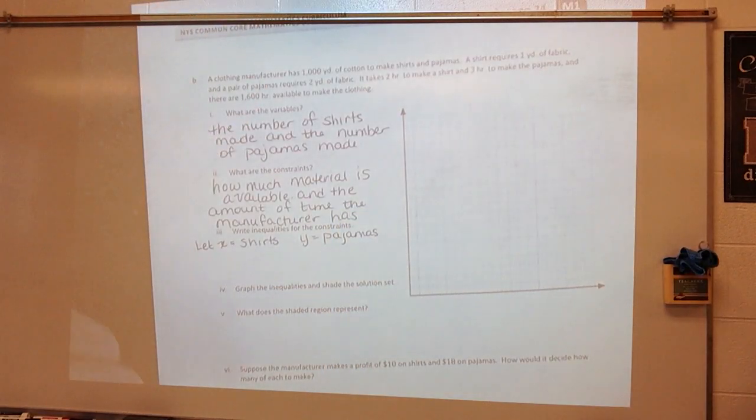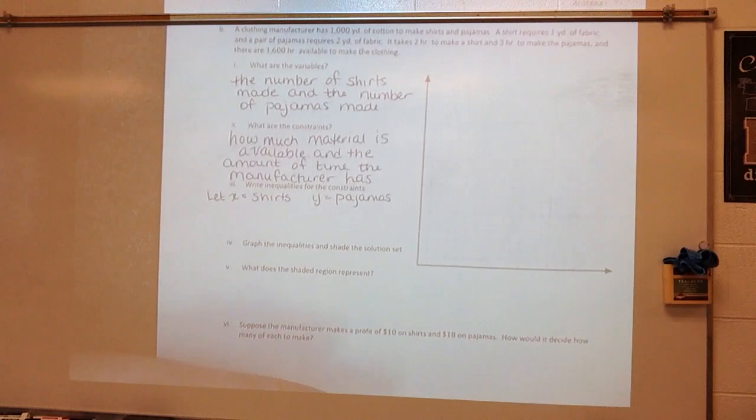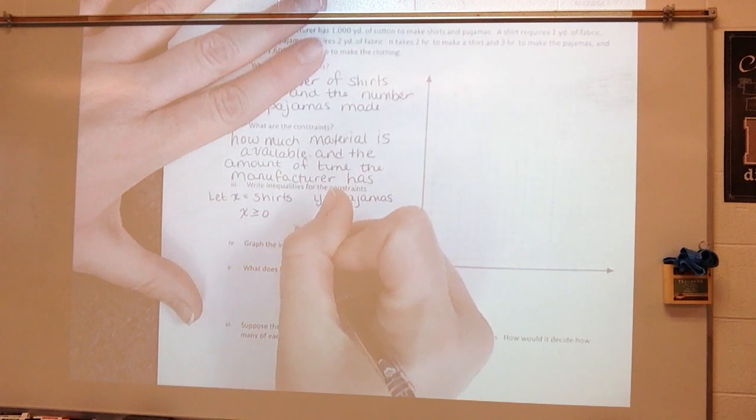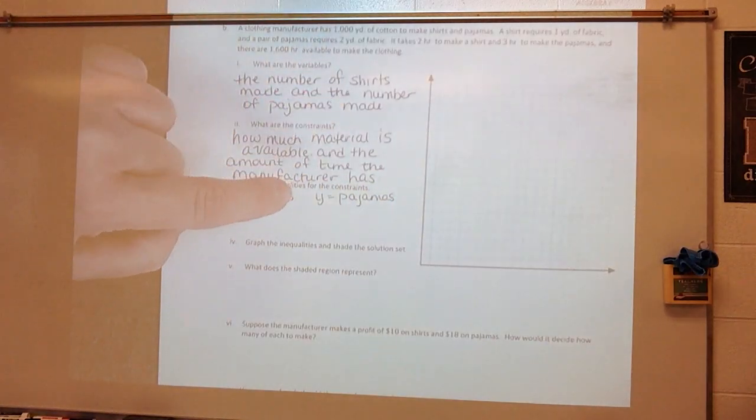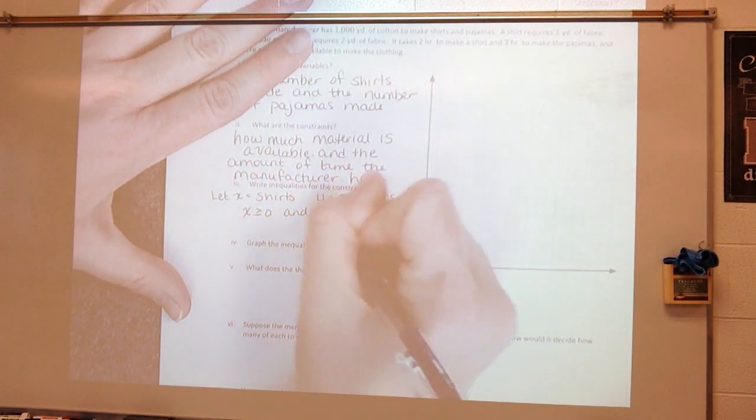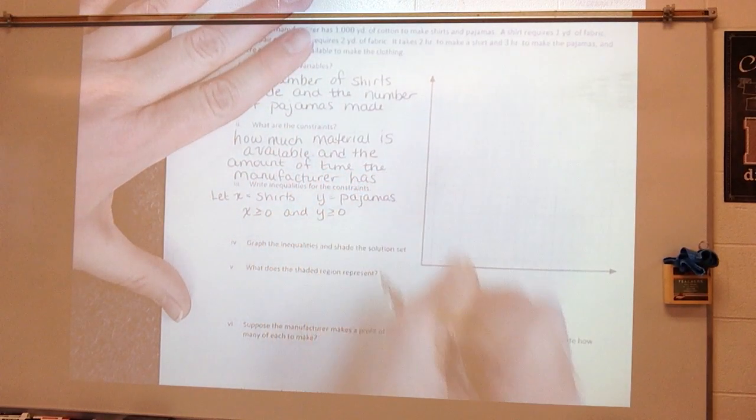Okay, now let's think about this. Can I make a negative number of shirts? I cannot. So I know x has to be greater than or equal to 0. Can I make a negative number of pajamas? I cannot. So I know that y has to be greater than or equal to 0.